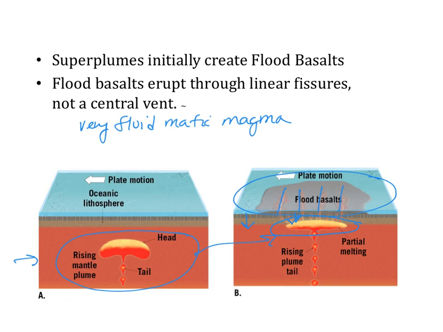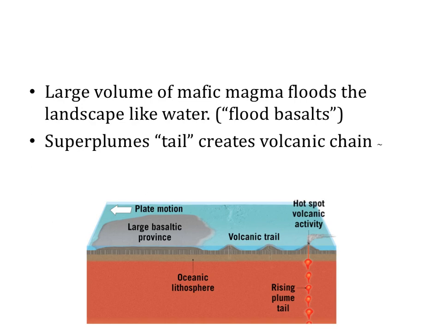That's why we refer to it as a flood basalt. And that is happening simply because there is so much magma being produced at one time because of how large this area is of the superplume. So we call them flood basalts because they're flooding the landscape just like water would flood the landscape.